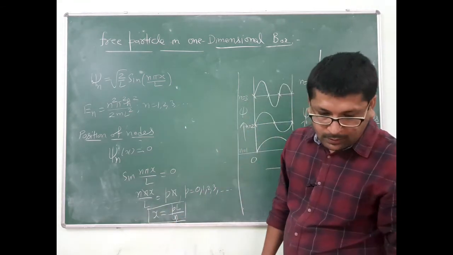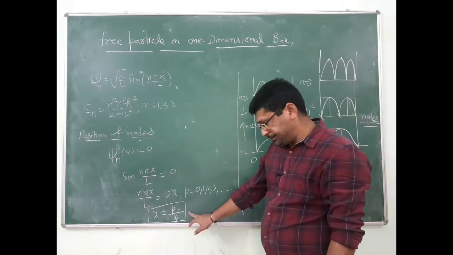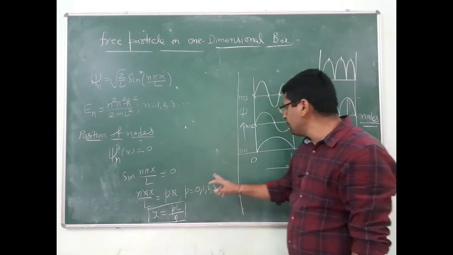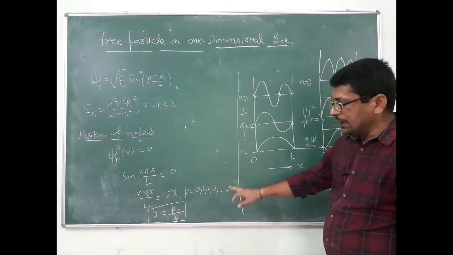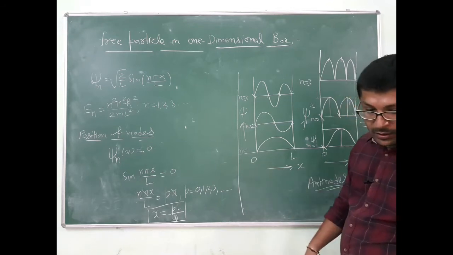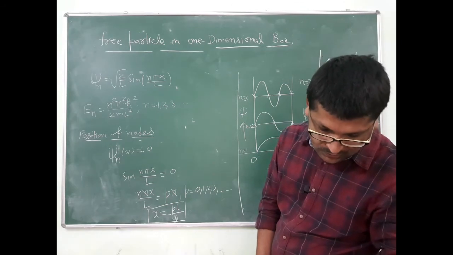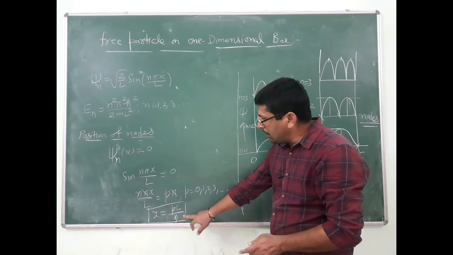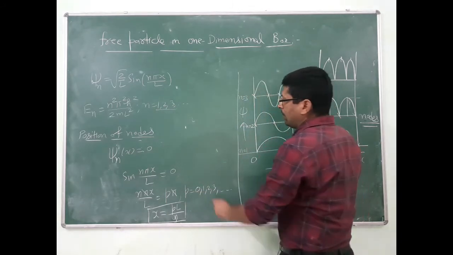At all these points the wave function will become 0, and the probability of finding the particle will become 0, and these points will be known as the position of nodes. So for different n, as we know, n will vary between 1, 2 and 3.